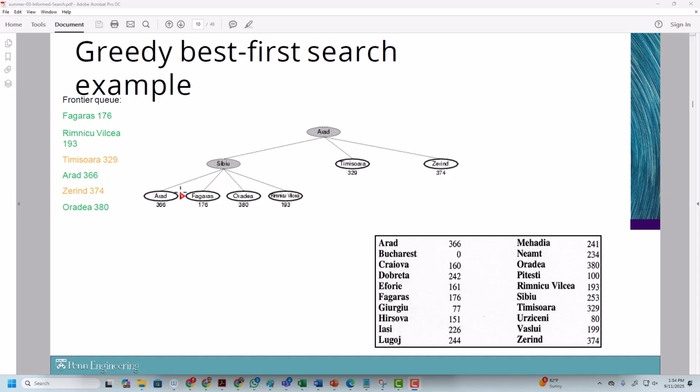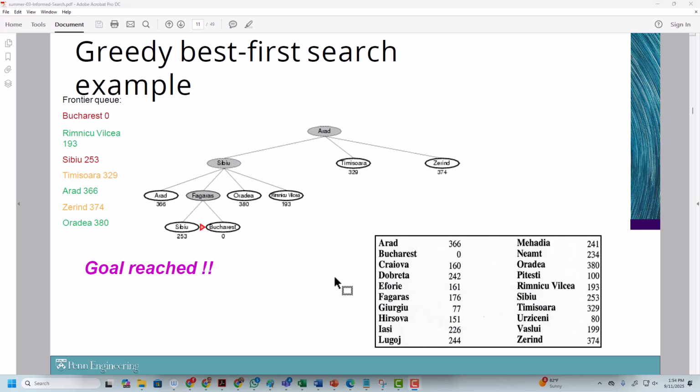Sibiu to Arad is one possible way. We can ignore it if we consider graph search, where we say these are already visited nodes. But in tree search we need to consider it, with a distance of 366, whereas Fagaras to Bucharest is 176, which is definitely cheaper than any other distance. So among Arad, Fagaras, Oradea, Rimnicu Vilcea, Timisoara, and Zerind, the cheapest is Fagaras.